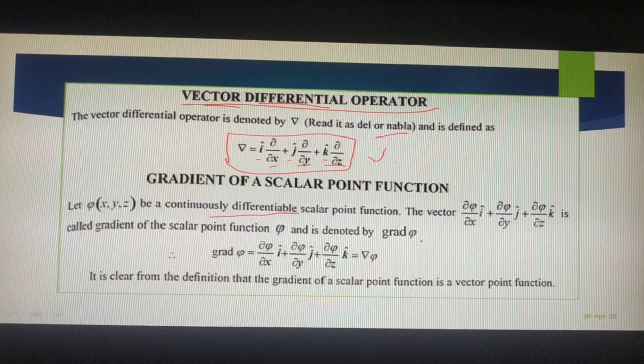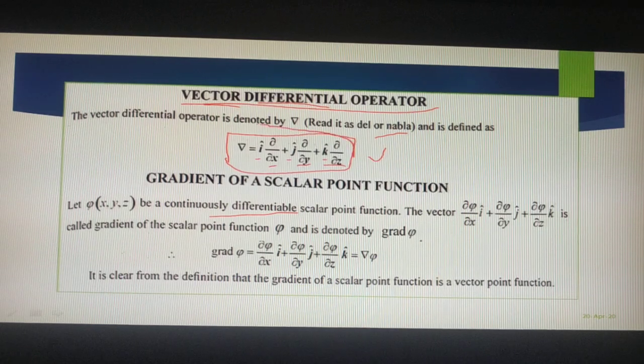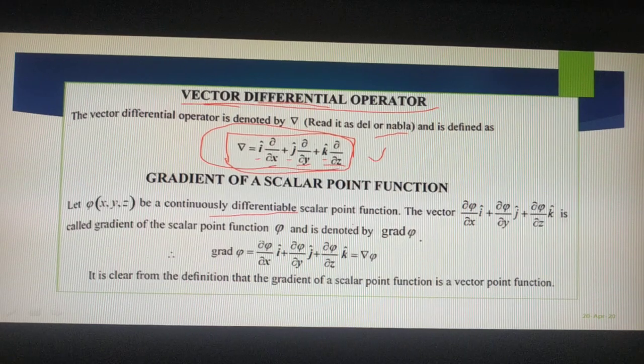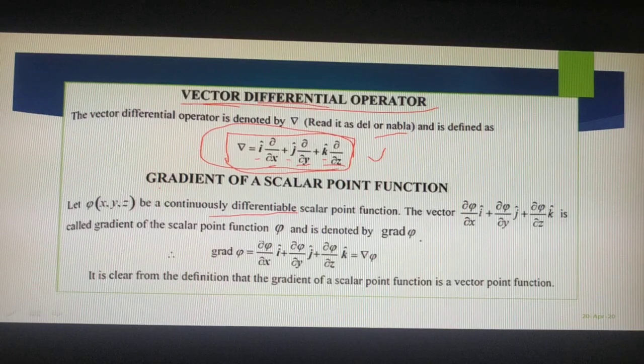But please remember that it's not a vector, it's just an operator. We choose this as an operator only, it's not a vector. But this particular vector differential operator will help a lot when we are working on gradients and some other topics which we are going to see in this particular module. So let's start with the gradient.